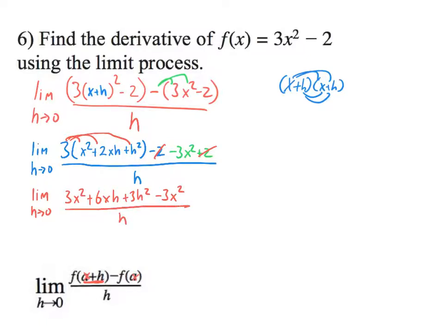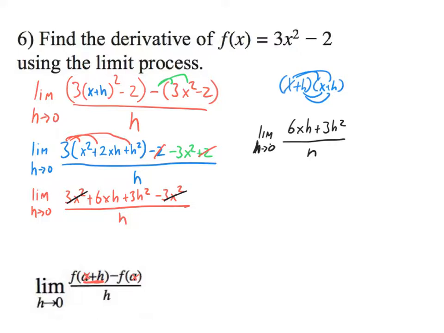Okay, so what do I do next? Well, what I notice here is these cross out. So I now have the limit as h approaches 0 of what's left, which is 3xh plus 3h squared over h.